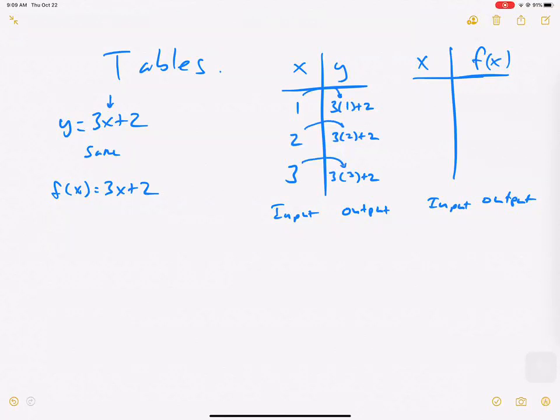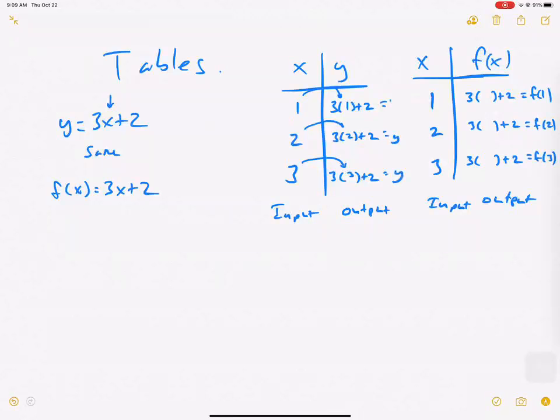Well, does that look any different on the f of x side when x is 1, 2, 3? Actually, no. There's no difference because f of x is just 3x plus 2. But the cool thing about writing an f of x is that we write f of 1, f of 2, and f of 3, and you know what you're plugging in.